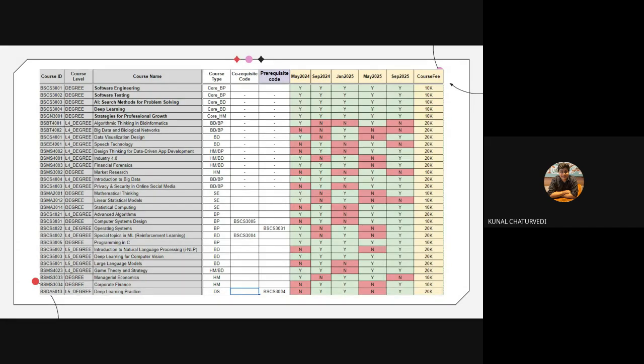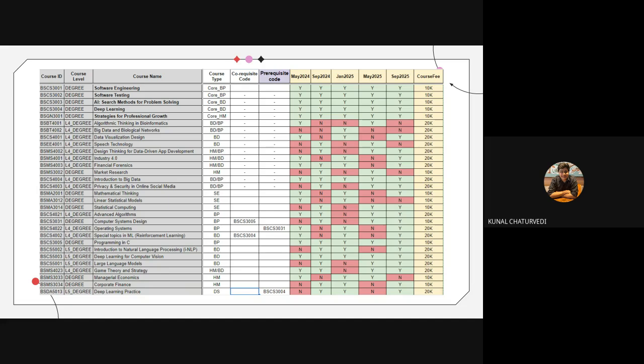And we have this HM criteria completion as well, which you can see from here. Whichever course here says HM can be used to fulfill your HM criteria at BS level as well. For example, doing managerial economics and crediting it later is sufficient to complete your 4 credit HM criteria at BS level.